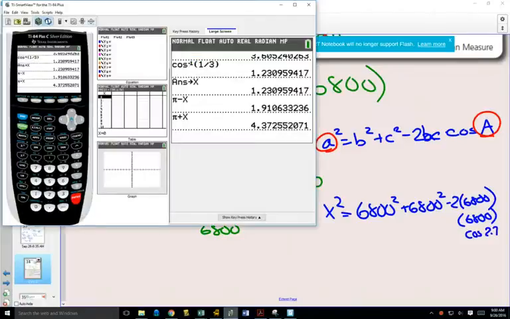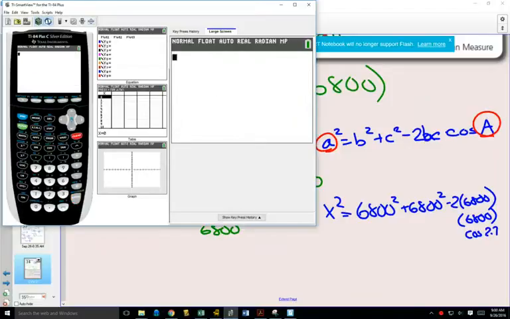Now a couple things when I go to put this into my calculator. First of all, the last thing we calculated, I'm just going to put it in here as well, was the 18,400 divided by 6,800. That was the last thing we calculated to get our 2.7. That's going to be important because we're going to need to use that answer in this question.